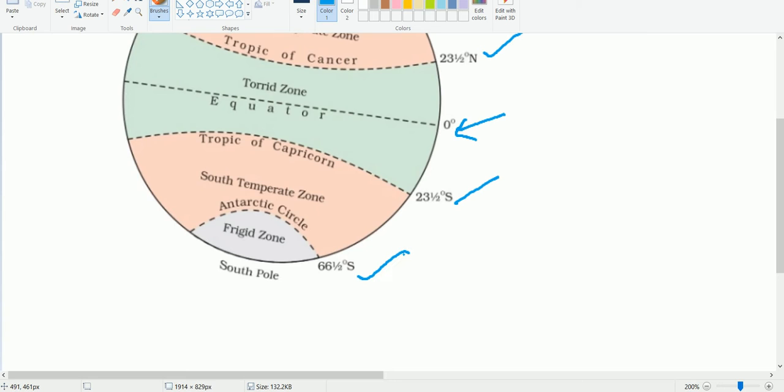This is the Antarctic Circle, 66 and a half degrees, and this is the South Pole.